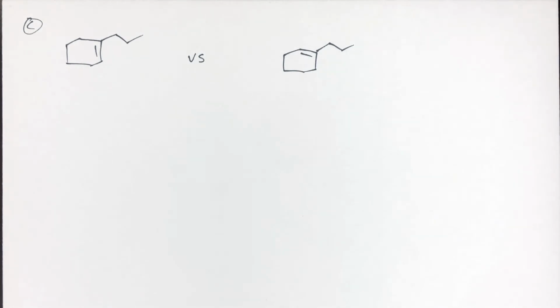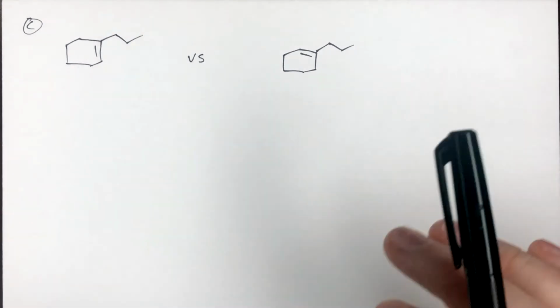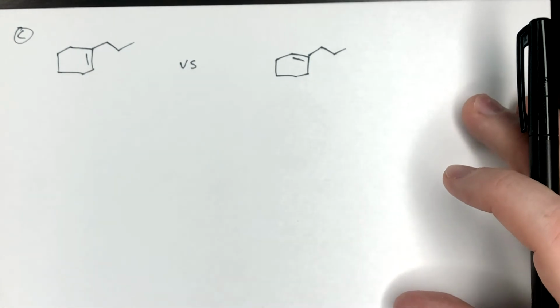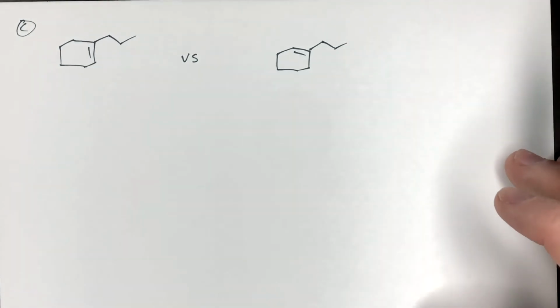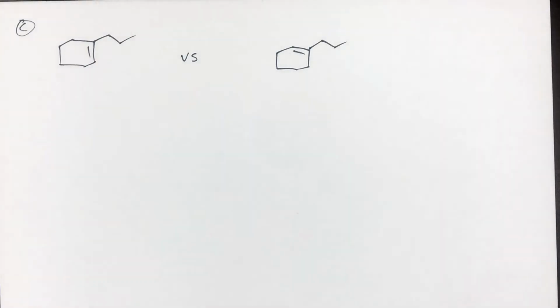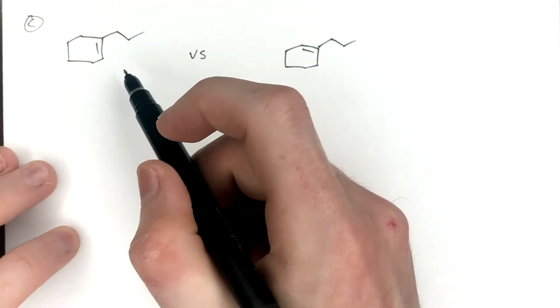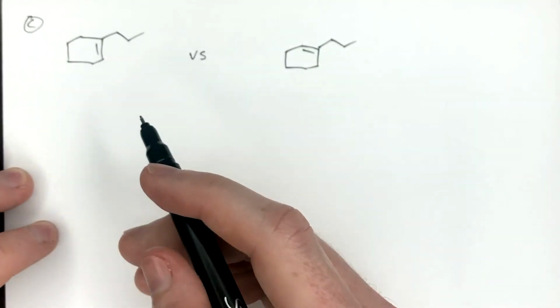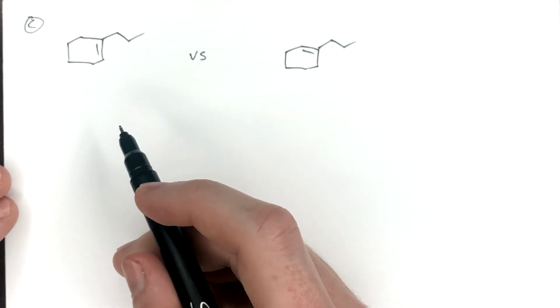All right, here we have our next set of questions. So again, the question is the same: determine if these are structural isomers. So the very first thing we need to do in all of these questions is determine if the molecular formula is the same. If the molecular formula is the same, then they could be isomers. So again, let's just count the carbons and the degrees of unsaturation to expedite the counting process.